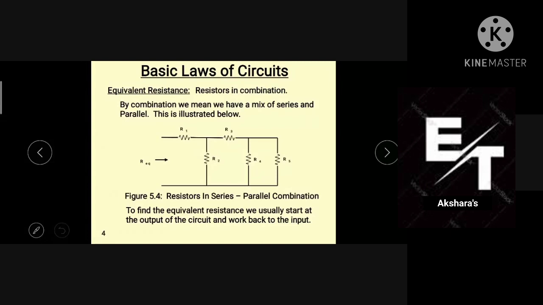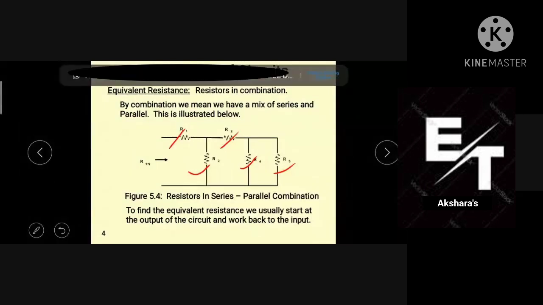In total, how many resistors do we have? 1, 2, 3, 4 and 5. In total we have 5 resistors. By using these 5 resistors, you have to find the one equivalent resistance. What is the total resistance of the given circuit? That is your target. These types of questions may be asked in your examination. This is a 5 marks examination question.